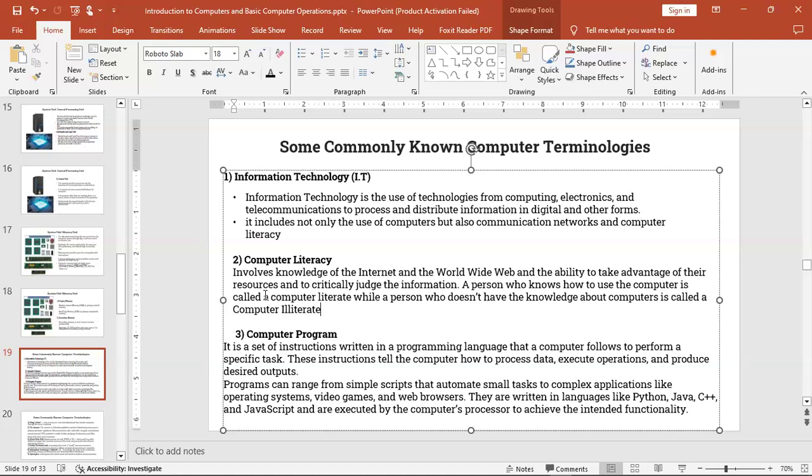So actually, a computer is already a hardware. A device is a hardware, something that you can touch, feel. It's an electronic device that takes in data, processes, and produces the result through the output. Now, a computer program is a set of instructions. That means it is software, you cannot touch, you can only see. It is a set of instructions that are written for the computer to follow.